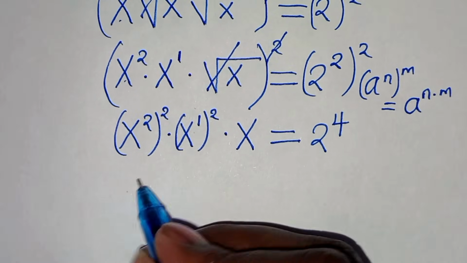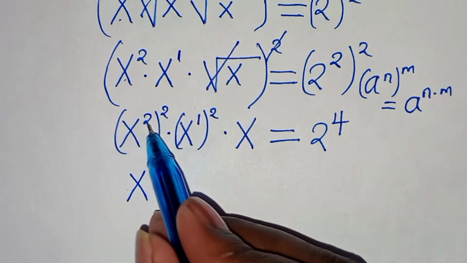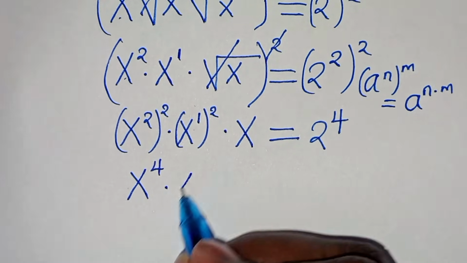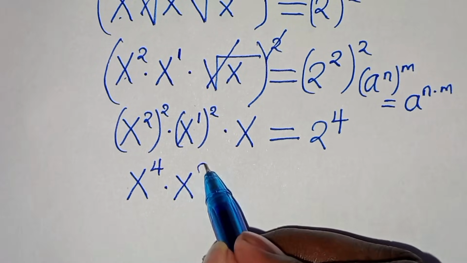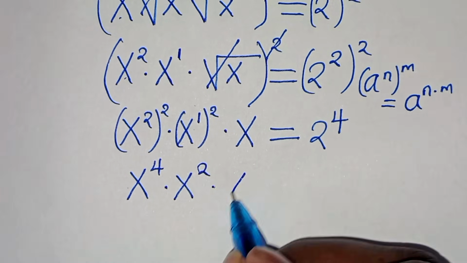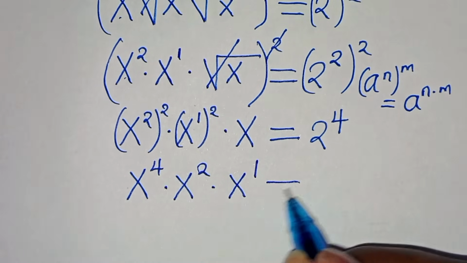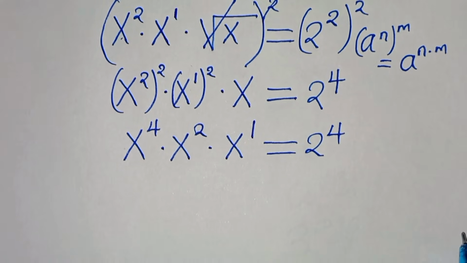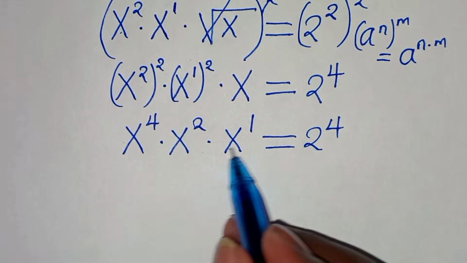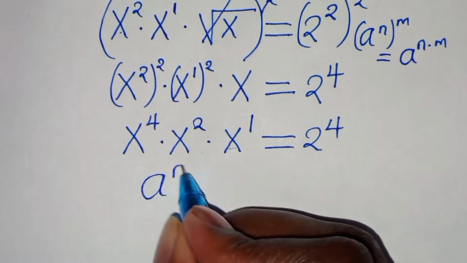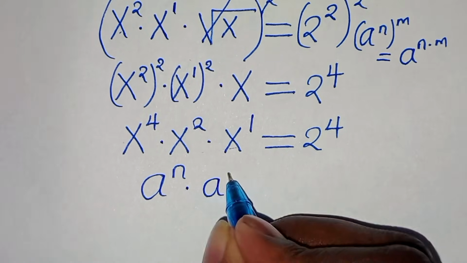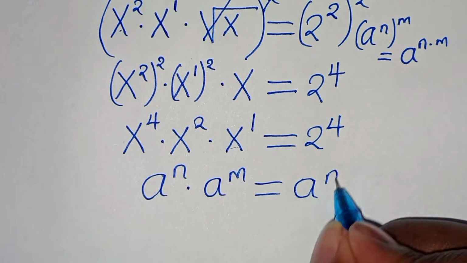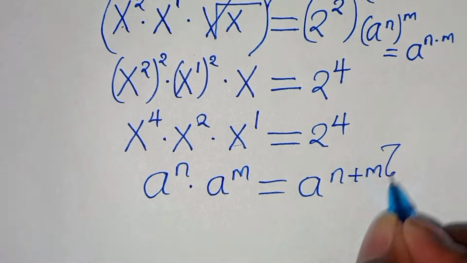So here we have x to the power of 2 times 2, this is 4, multiplied by x to the power of 2, then times x to the power of 1, this is equal to 2 to the power of 4. Now, this is in the form of a to the power of n times a to the power of m, which we can express as a to the power of n plus m.